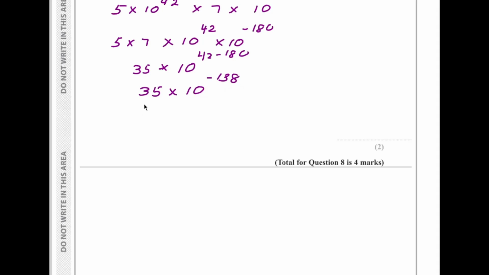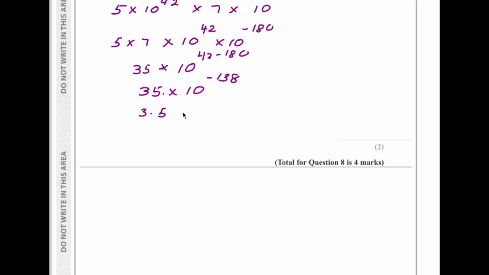Then since I need to leave my answer according to the standard format, I need to bring the decimal point forward. There is an invisible decimal point in a whole number. So there is a decimal point here, after 5. I need to bring it forward once because I need to bring it in between first and second significant figure.